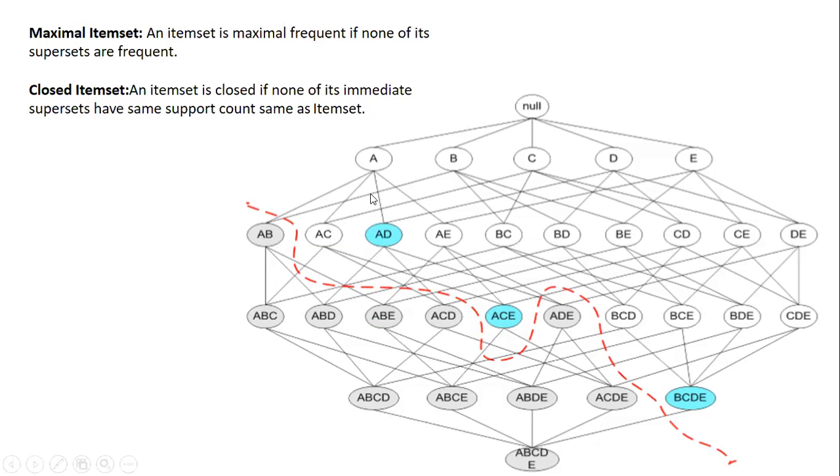AB, AC, AD, AE. We have to make sure that none of these AB, AC, AD, AE has the same support count as A. If any of these four supersets has the same support count as A, then it is not a closed item set. Hope it is clear for you.